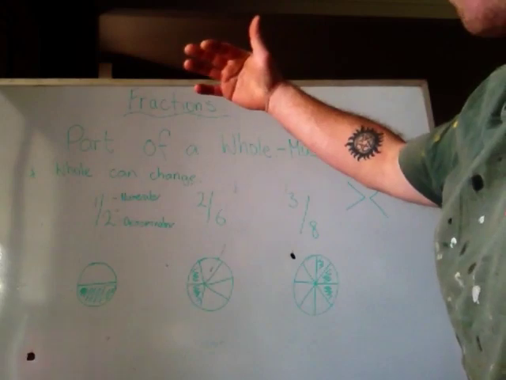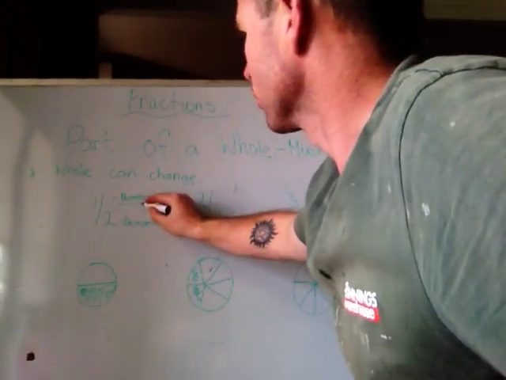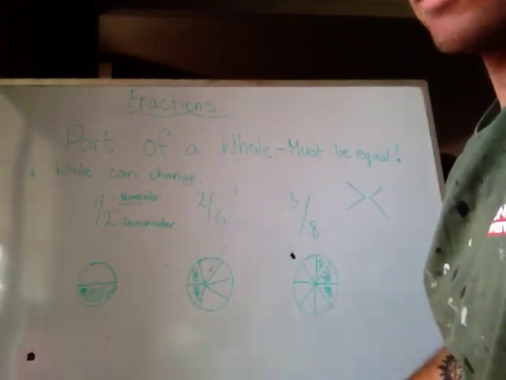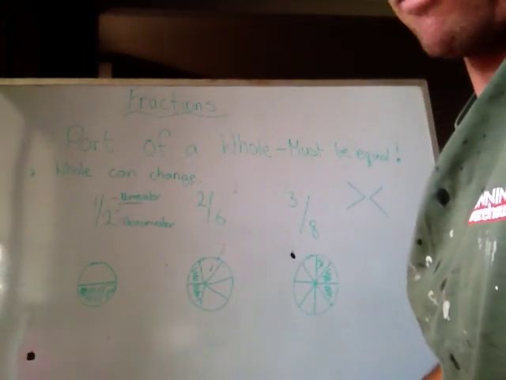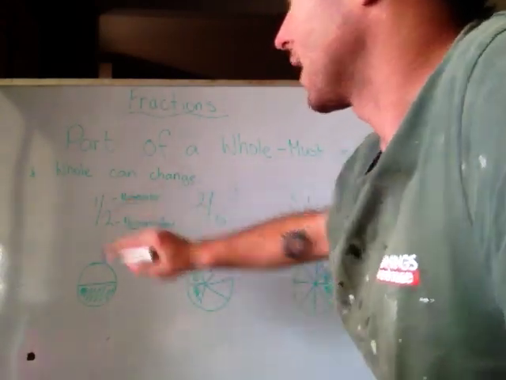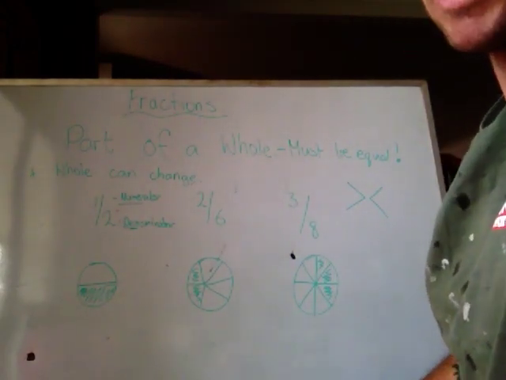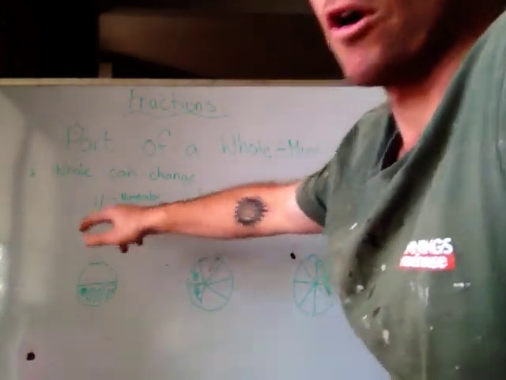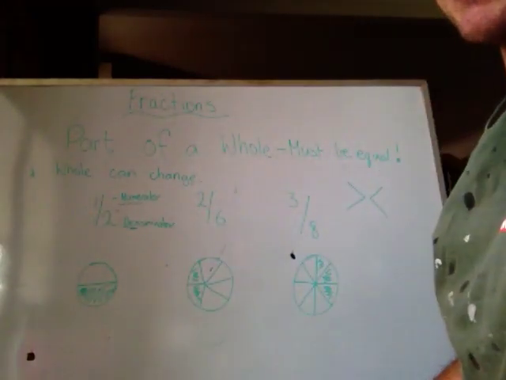The numerator is on top, and numer is like number: how many pieces of the whole there are. In my whole, I've created 2 pieces, and I'm going to give you one of those pieces.